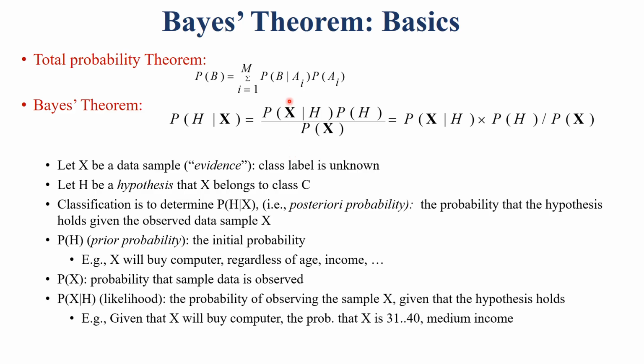P of X given H is the likelihood, that is the probability of observing the sample X given that the hypothesis holds. For example, given that X will buy a computer, the probability that X has an age in the range say 31 to 40 and has a medium income.